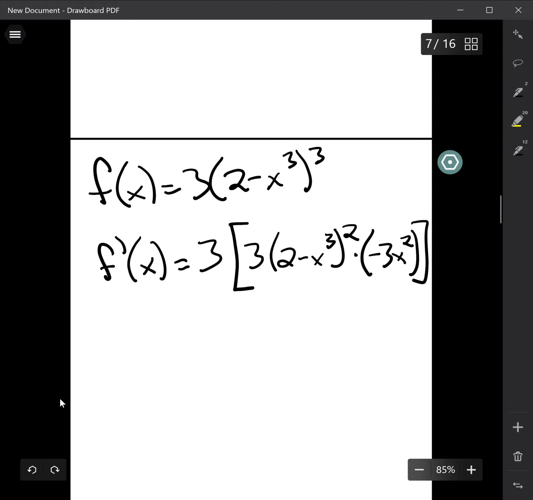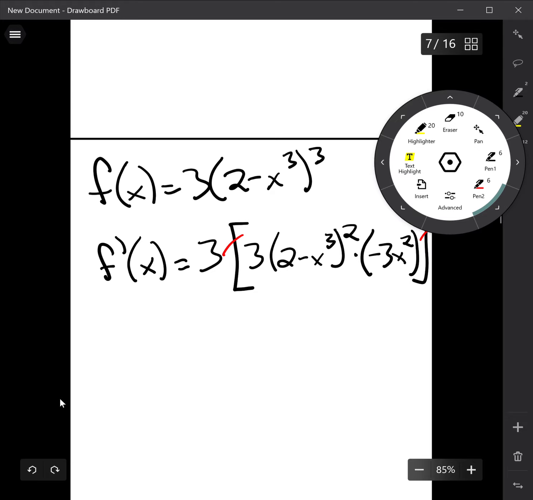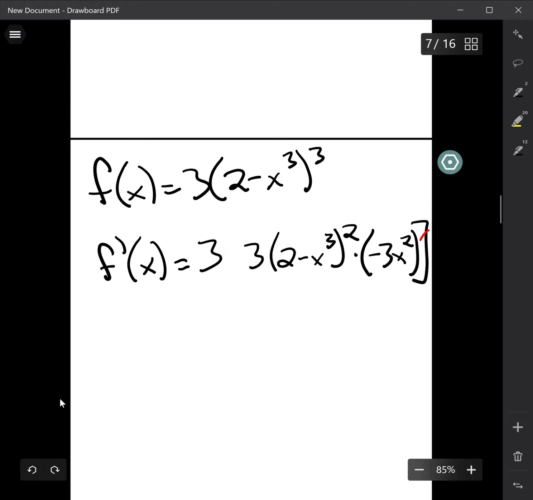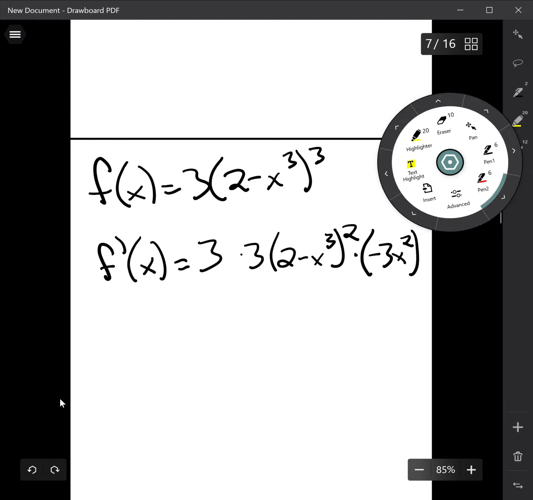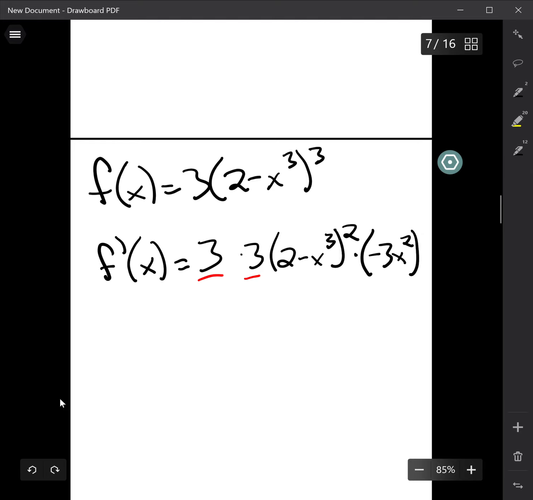Now, since we're going to find the second derivative of this function, what I want to do is simplify. Notice these big parentheses don't really matter since I'm just multiplying everything. So we can start simplifying by multiplying our constants together.